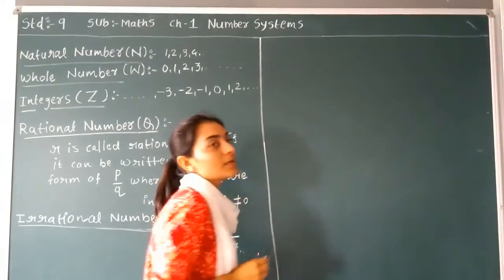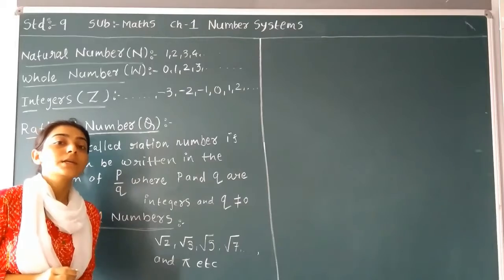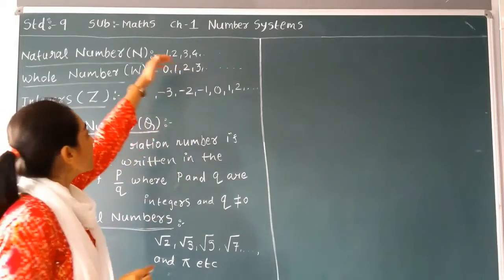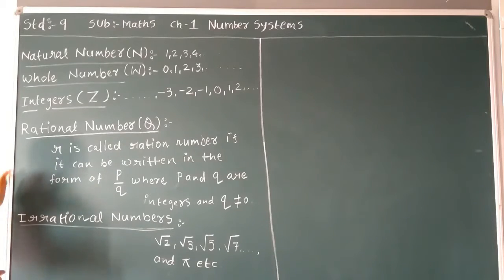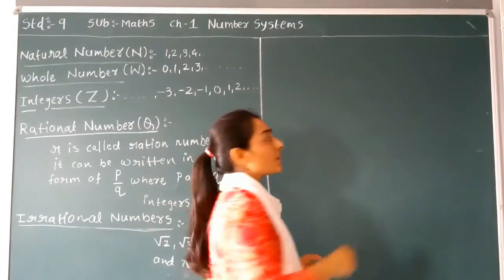Now, the next one is the real numbers. The collection of all the rational numbers and irrational numbers, we call real numbers.